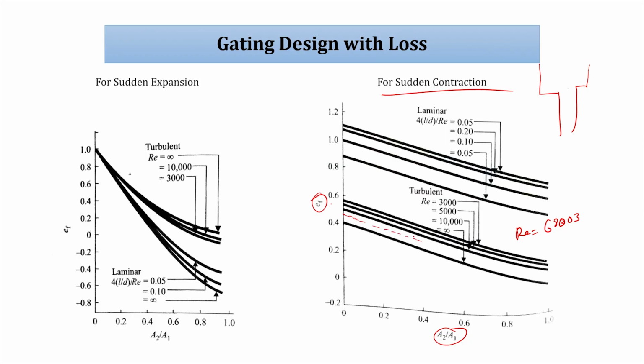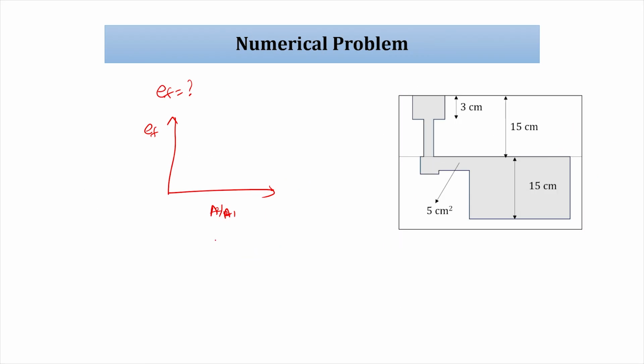A2 is given as 5 cm square, A1 is not given, it is very large. So, A2 by A1 will be around 0. So, what will the value be? Around 0.45. A1 is very large, so EF equal to 0.45. You can take around 0.45, or 0.446 also, whatever value you are getting.